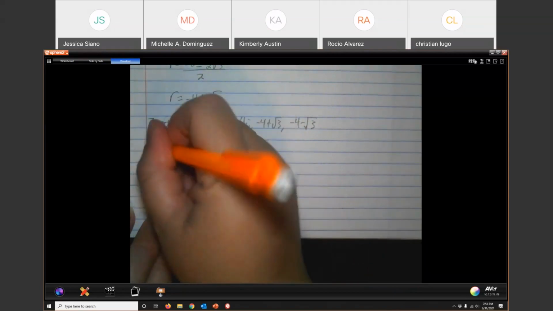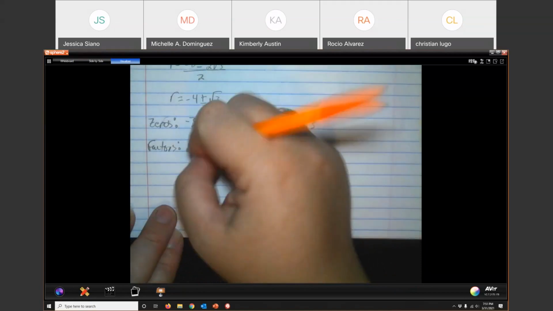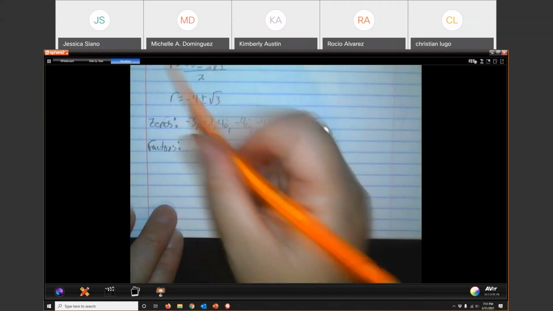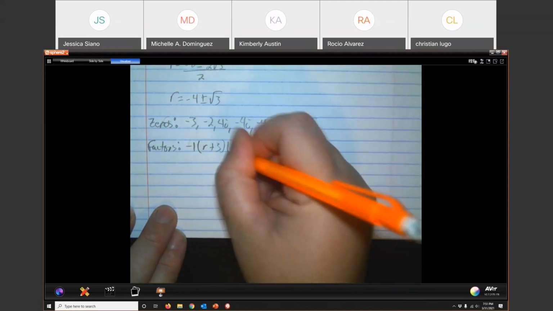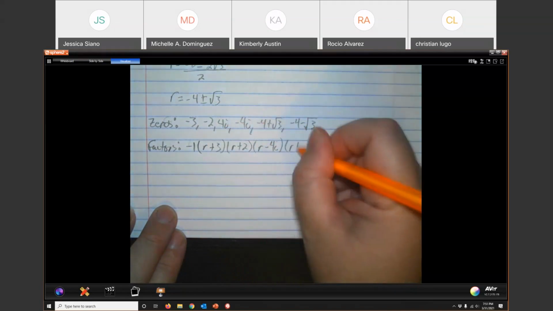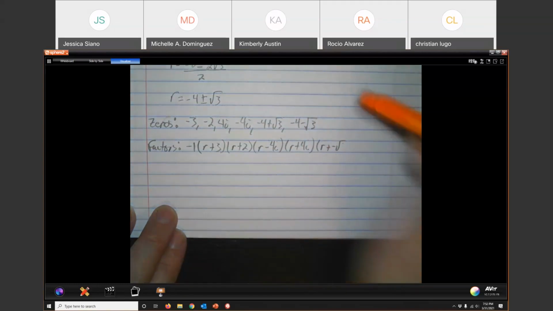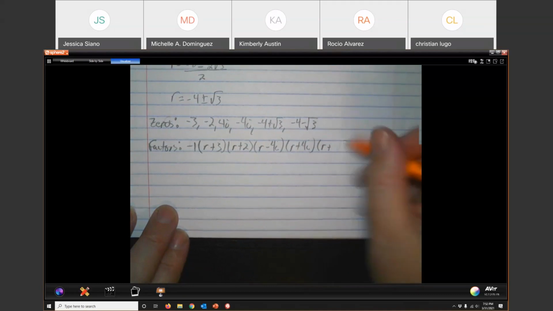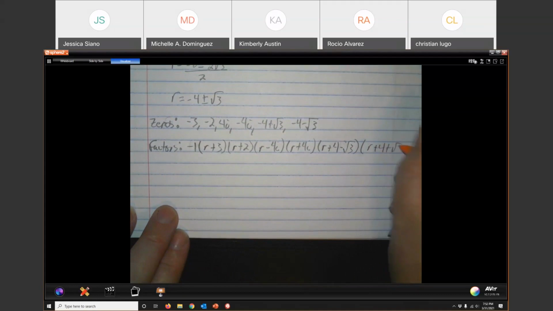My factors would be x, r. First of all, I had the negative 1 that I GCF'd out, so that's got to go in front. And then r plus 3, r plus 2, r minus 4i, r plus 4i, r plus 4 minus rad 3, r plus 4 plus rad 3.